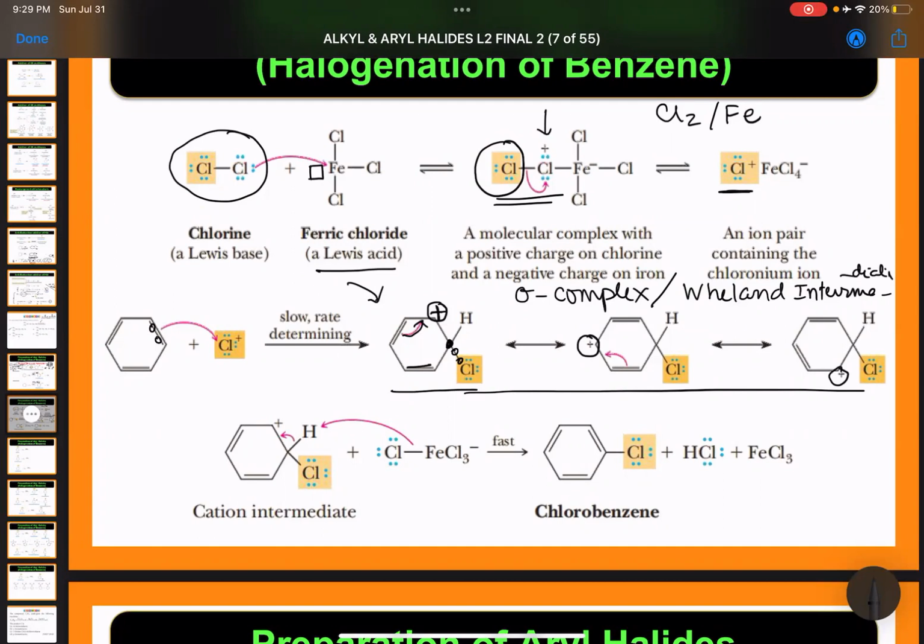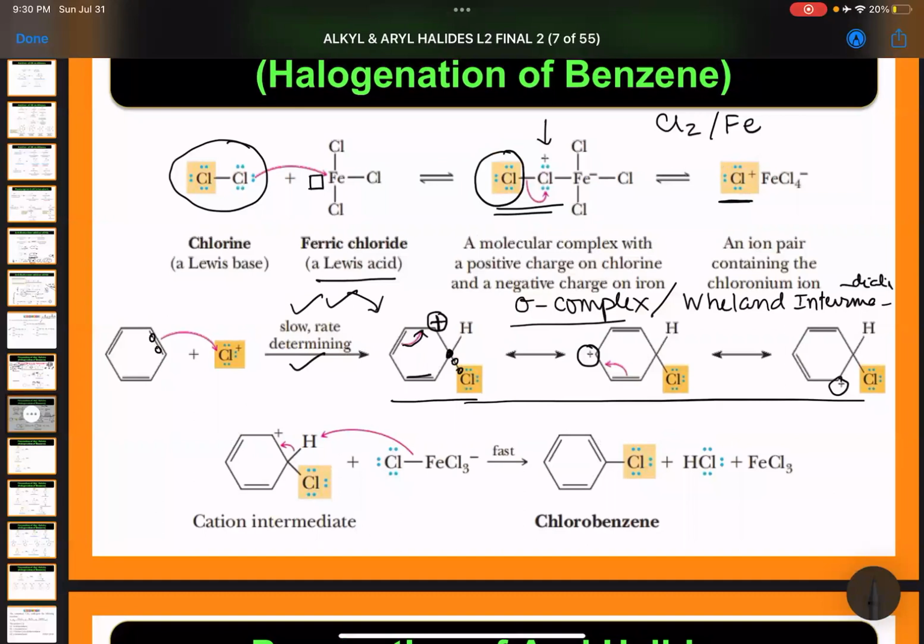But it doesn't mean that it is very stable. It is a difficult step, and that's why this is the rate determining step, RDS. It is the slow step. Attack of the electrophile on the benzene ring leading to the formation of a sigma complex is the difficult step, because benzene earlier was neutral and very stable because of its resonance, and now the electrophile has come and snatched one of the pi electrons of the benzene.